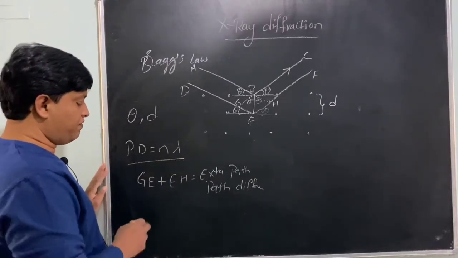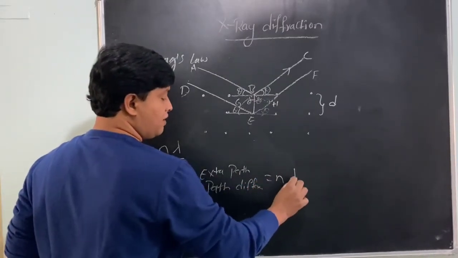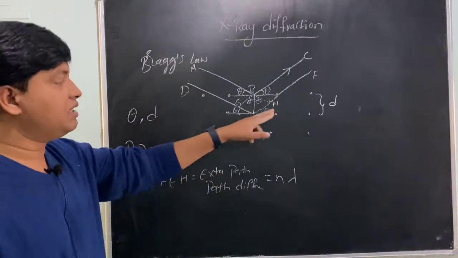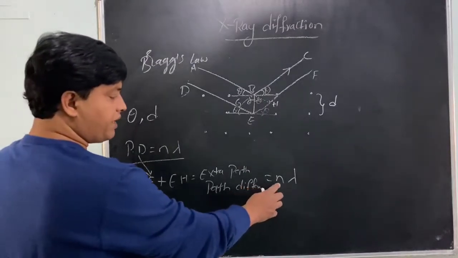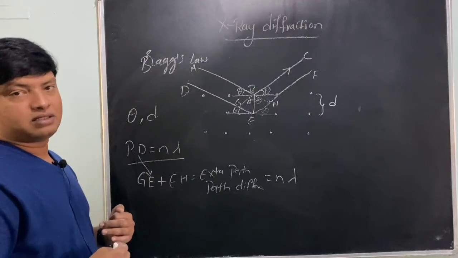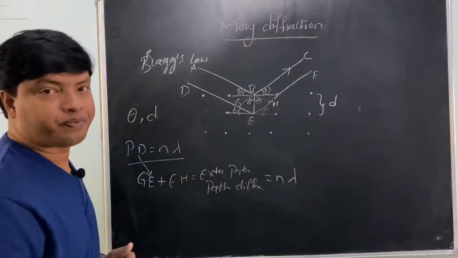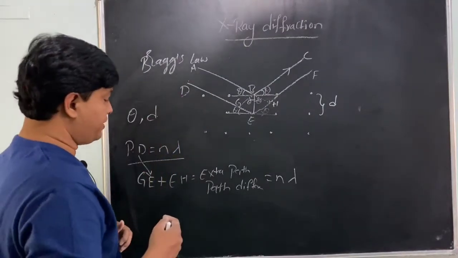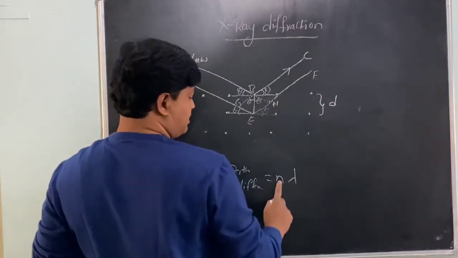So the path difference, GE and EH, is equal to n lambda. This is the extra path traveled by the second wave. You have many waves there, depending on the layers. n indicates the number of layers, lambda indicates the wavelength, and theta indicates the angle of incidence or diffraction. So the extra path traveled by DEF is n lambda.